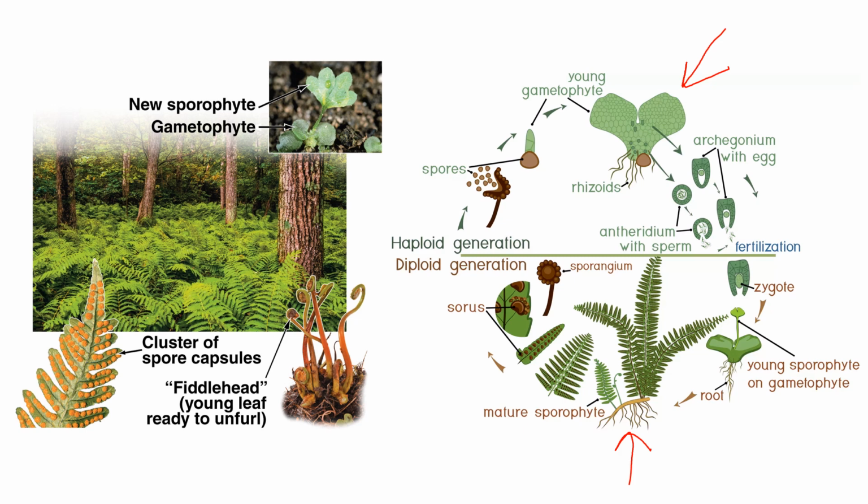Once we have fertilization, we then have a zygote, which is now diploid because it has DNA from the egg and the sperm. That will then turn into a young sporophyte on the gametophyte. And so we have that heart structure, but now the sporophyte starts to develop out of it, and we now have our big plant. So you normally will not see the gametophyte stage for the fern unless you're really paying attention for it.